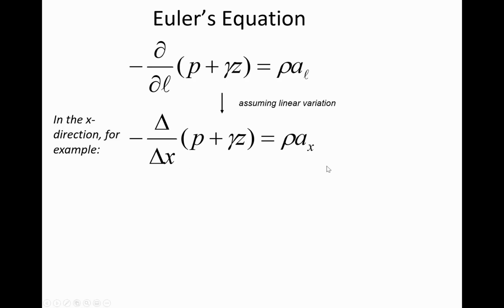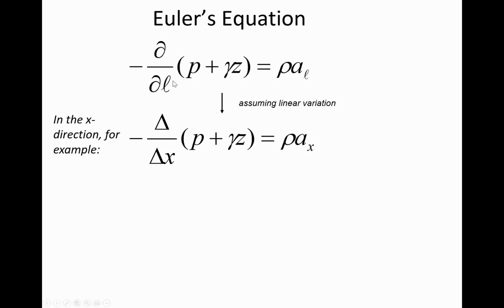If the acceleration is occurring in the x direction, for example, then the piezometric pressure increases in the opposite direction of acceleration. And so you'll notice that there's a minus sign in this formula. And the minus sign is to indicate that if your acceleration is to the right, then the pressure is going to be higher on the left side of any element of water. So if it's a tank of water and you start to accelerate the tank to the right, then the pressure increases in the opposite direction of that acceleration.